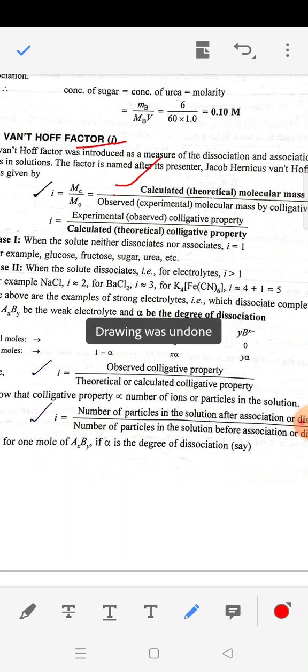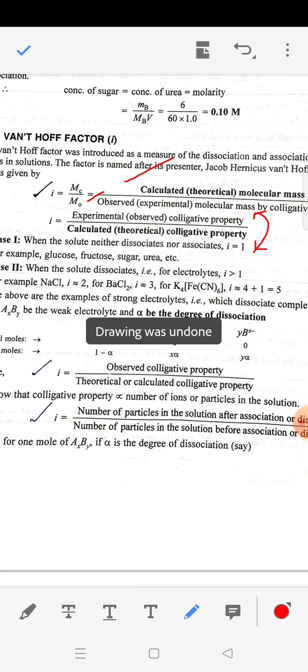Another method is experimental colligative property, that means delta Tb, delta Tf, delta P by P naught, whatever, divided by calculated colligative property. You note here, in the first case, in terms of molar mass, it is calculated molar mass by observed molar mass, but here calculated is in the denominator and observed is in the numerator.